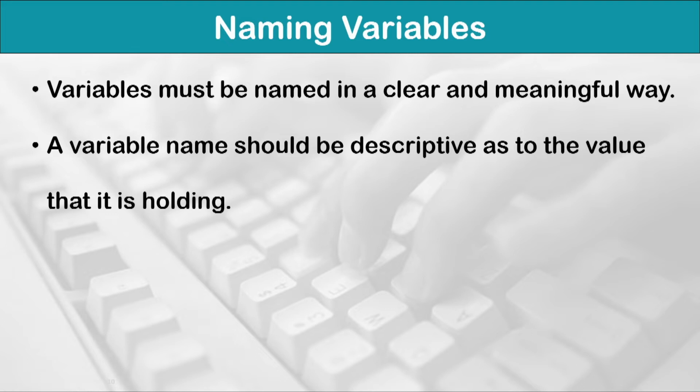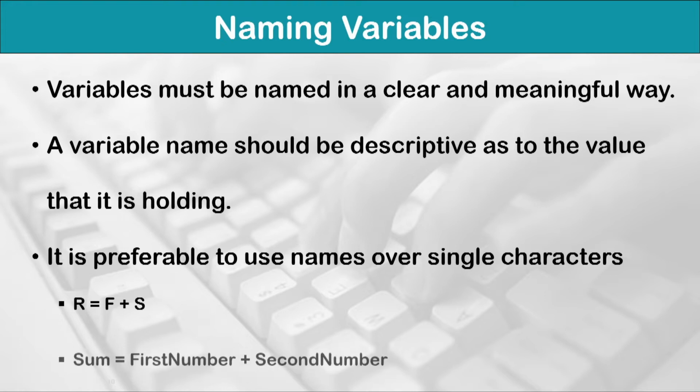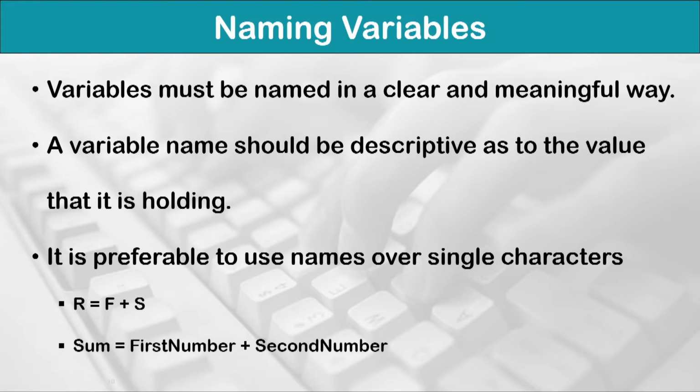Study the following two instructions making use of variables. R is equal to F plus S, and sum is equal to first number plus second number. Which instruction is easier to understand?